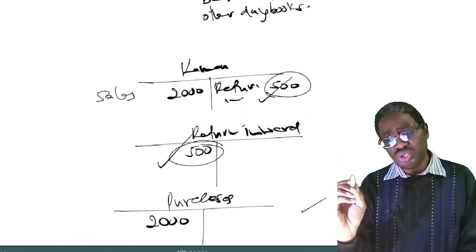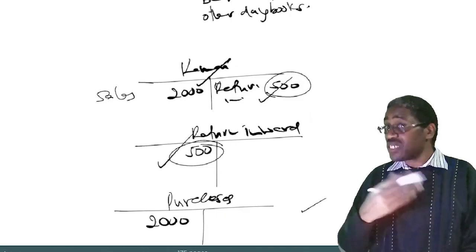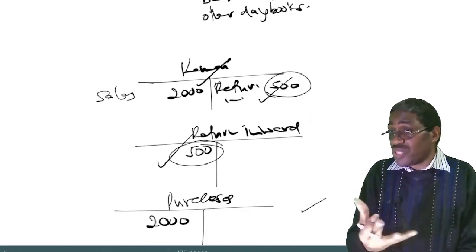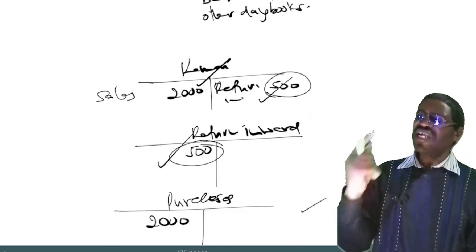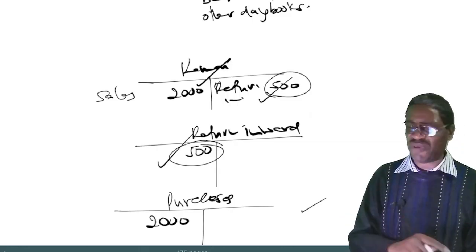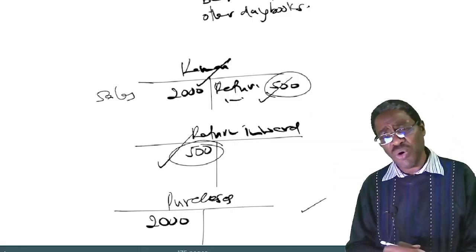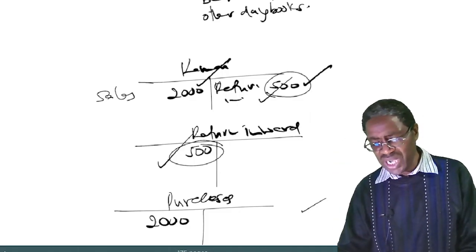When I sold goods to him, I debited Kamau and I credited sales. That means I was demanding 2,000 shillings from Kamau. For whatever reason, if Kamau returns goods worth 500, I will have to reduce what Kamau owes us. To reduce what a debtor owes you, you have to credit his account.